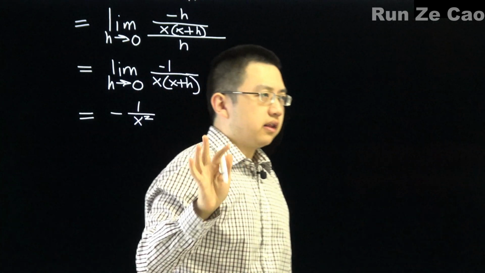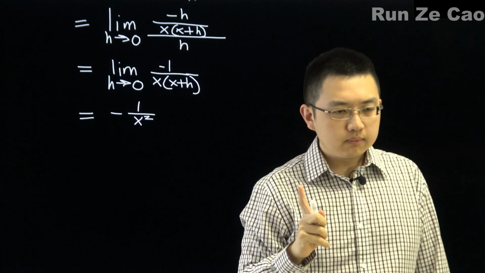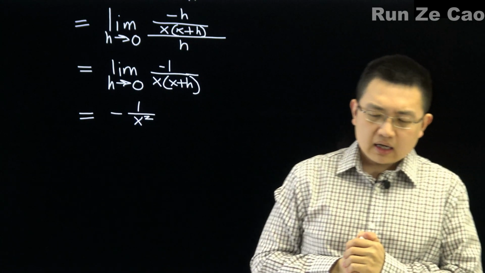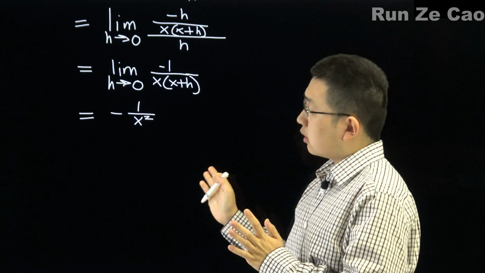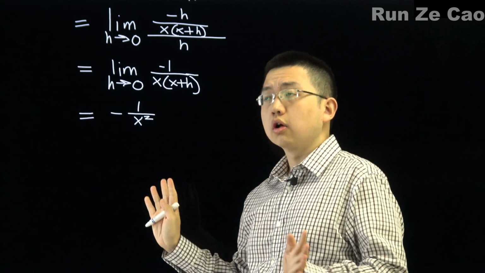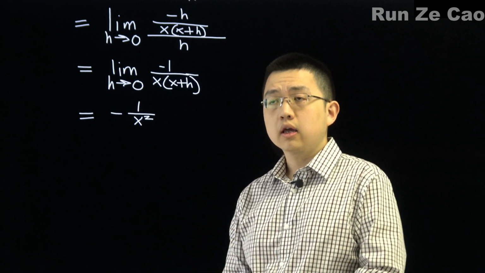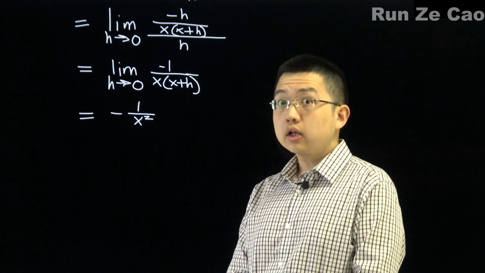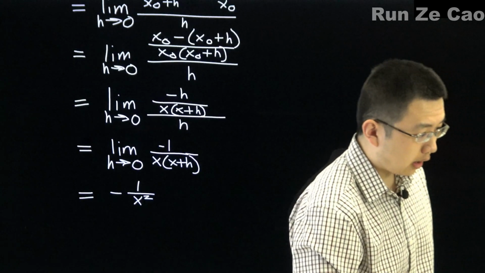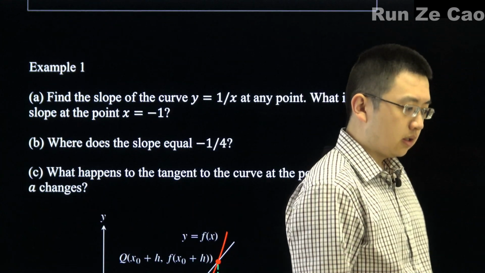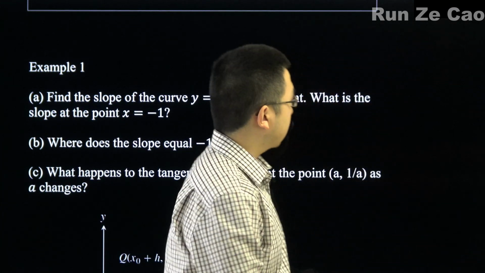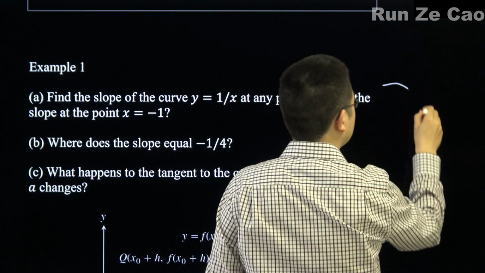Hold on a second. Let's think, does this make sense? Well, at x equals 0, there is no slope. It's undefined. What does 1 over x look like? Well, 1 over x looks like this.